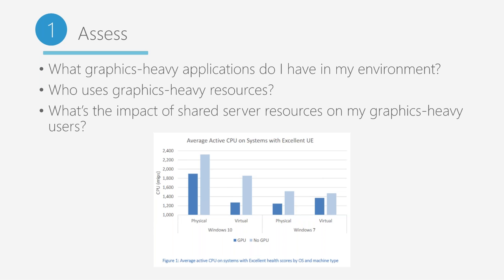So that's assessing your environment. We're talking about scoping your environment to determine if the move even makes sense, and where it doesn't, what expanded functionalities, maybe GPU capabilities, you need to make that move happen, particularly in the case of a move to Windows 10.